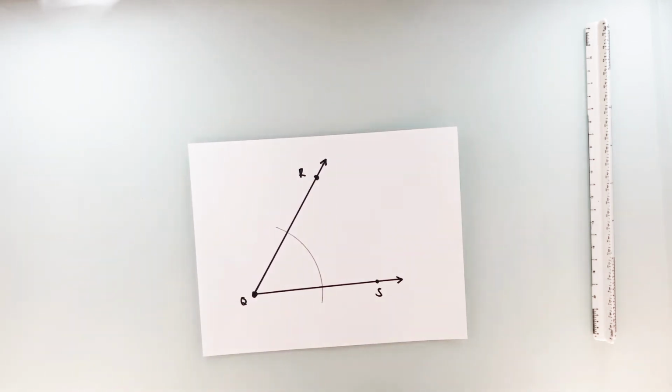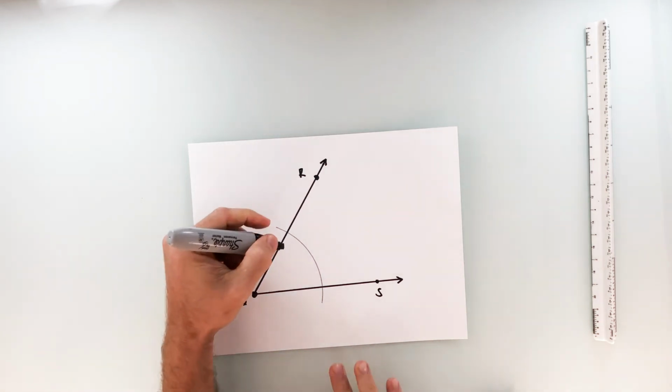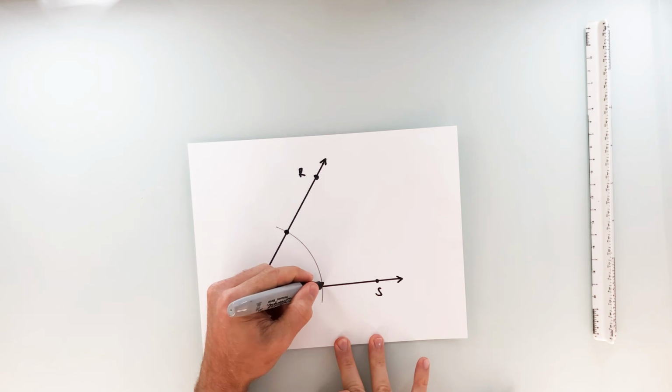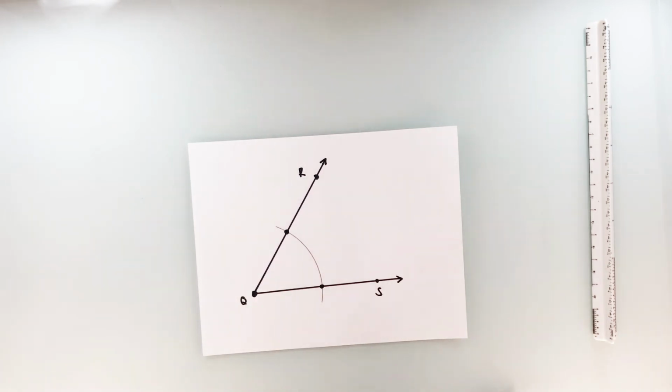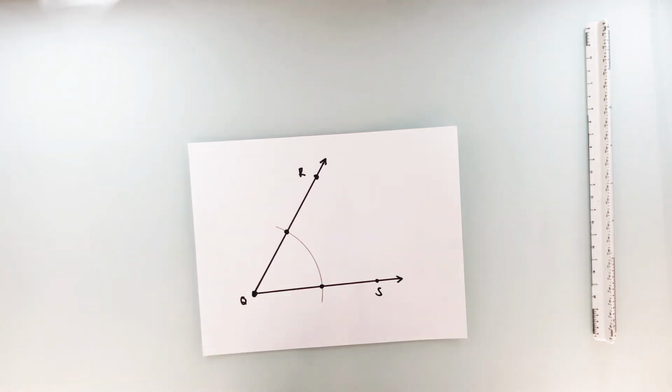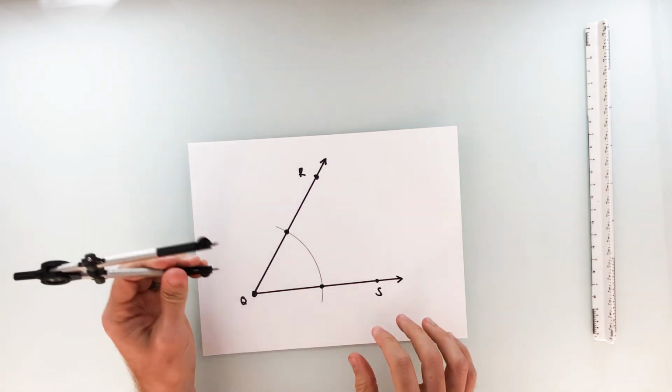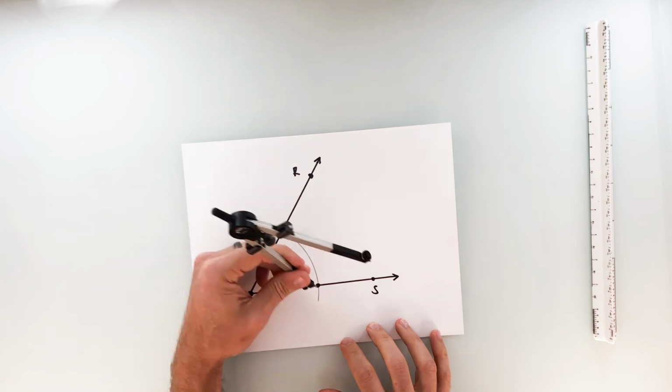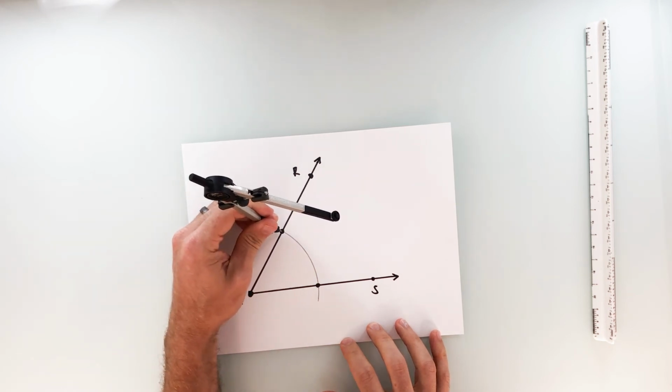When we do that, we're going to have two intersection points. I'm just going to put them right there. These two intersection points are where we're going to go next. I've not changed the distance on my compass here. I'm going to keep that same setting. Now we're going to put the pointer on each of these two points that we've created.